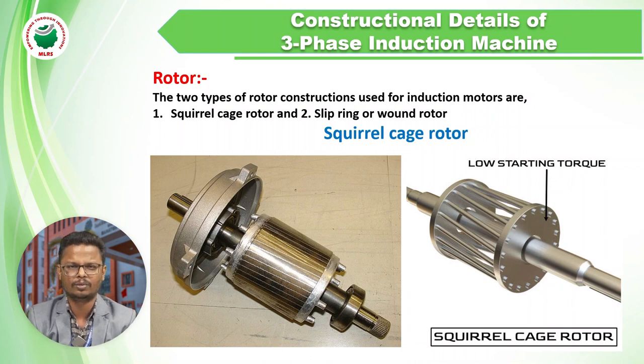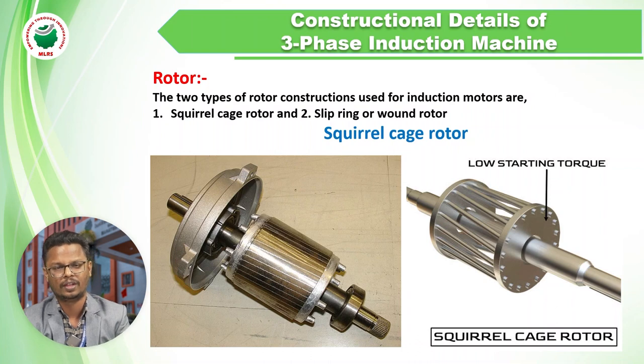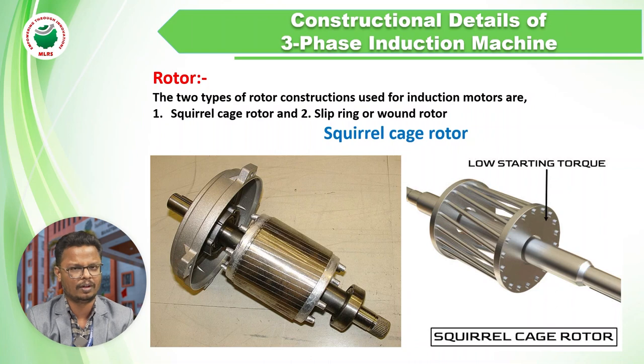Here, instead of using winding, we use copper bars or copper rods, and aluminum can also be used. These copper bars and aluminum bars are short circuited with end rings, and the end rings are made of hard drawn copper to withstand mechanical stress. Because we use bars, the surface of the rotor is smooth, so the air gap between the stator and the rotor is less.